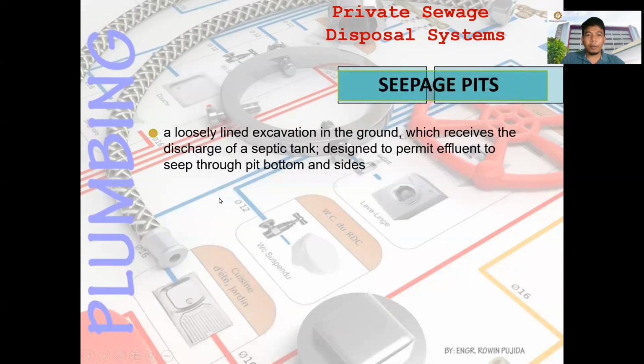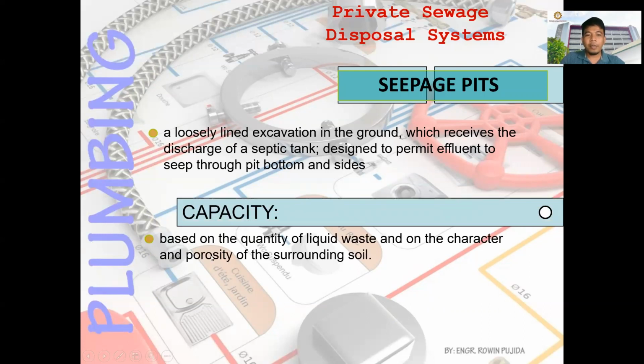So next is the seepage pit. This is a loosely lined excavation in the ground which receives the discharge of the septic tank, designed to permit effluent to seep through the pit bottoms and sides. So for seepage pit, it is just an excavated area. No?